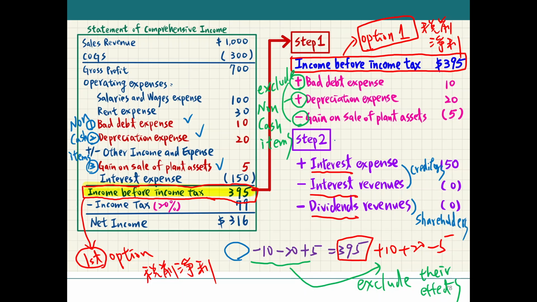Okay, so we try to exclude items from first 2 big guys. So first 2 is creditors and shareholders.